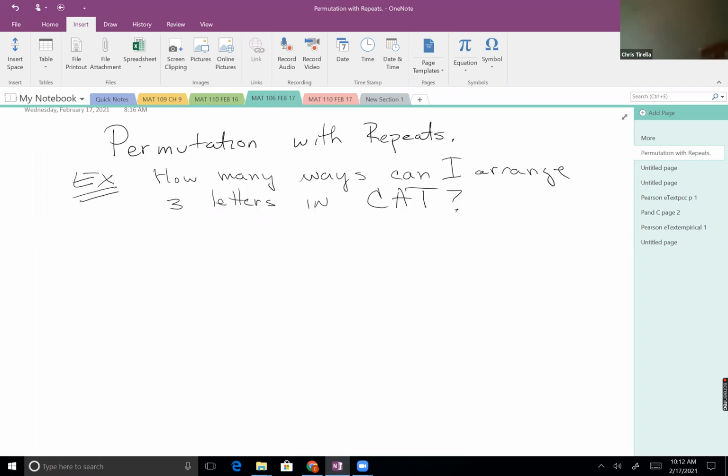Well, when I'm rearranging the letters, order matters, so it'll be a permutation. There are 3 letters to pick from, and I want to use all of them. And 3P3 would be the same when we're using all of them. It's 3 factorial. So you can either use your calculator for 3P3 or 3 factorial, or by hand, you can multiply 3, 2, 1 to get 6.